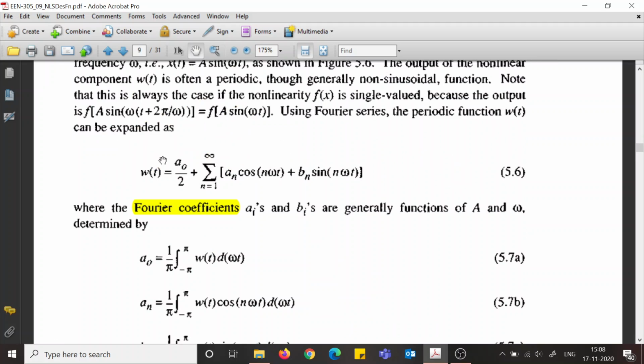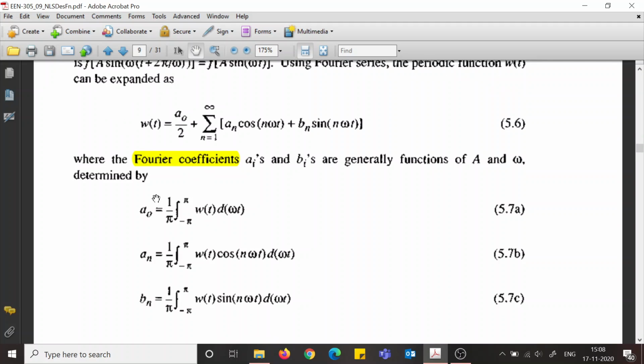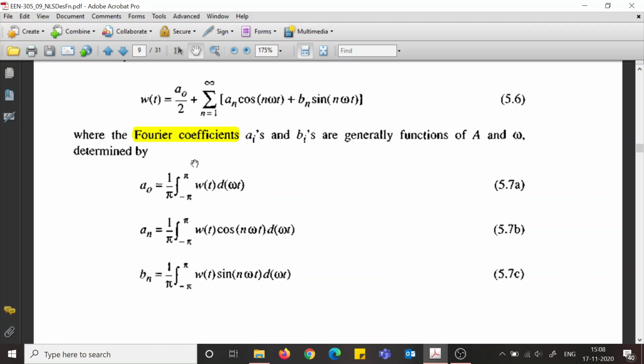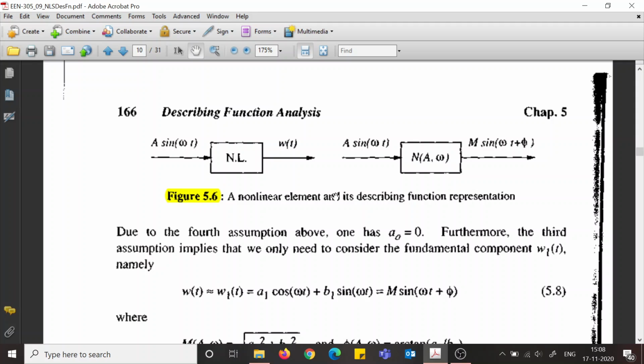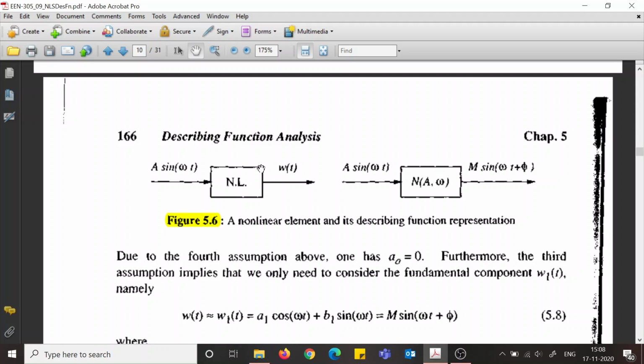So these are some basic definitions of Fourier coefficients if you have forgotten. So these are the Fourier coefficients, and this is what we would actually do. When we get the describing function, we would be able to replace the nonlinearity with the describing function.